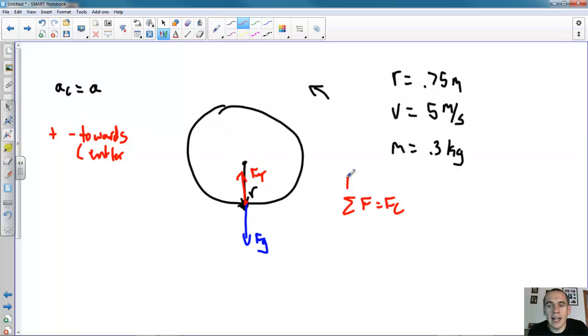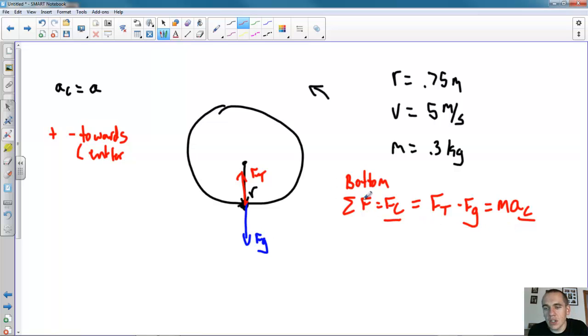If we're looking at the bottom of this thing, then at the bottom, Fc is the sum of these two forces, but really tension is positive because it's towards the center, and the force due to gravity is negative because it's down. So I subtracted that, and that is going to be mass times acceleration. Since our net force is just the centripetal force, that is centripetal acceleration.